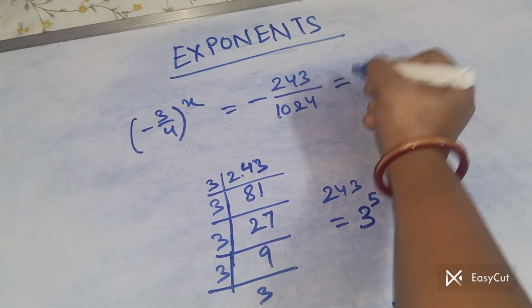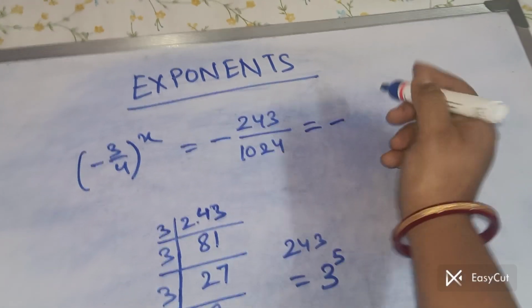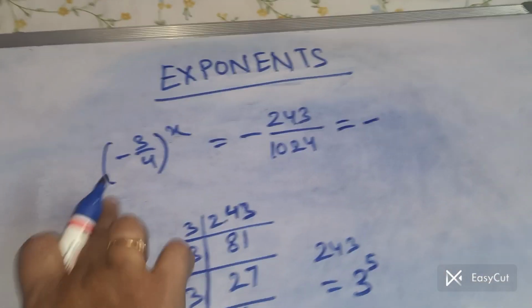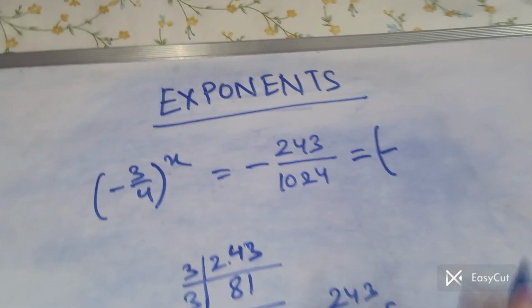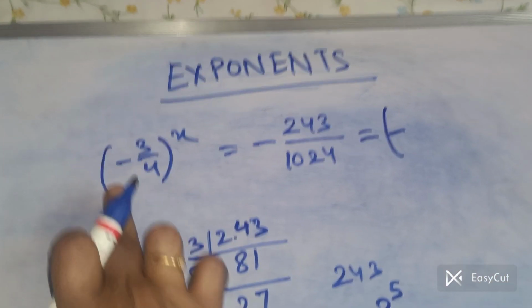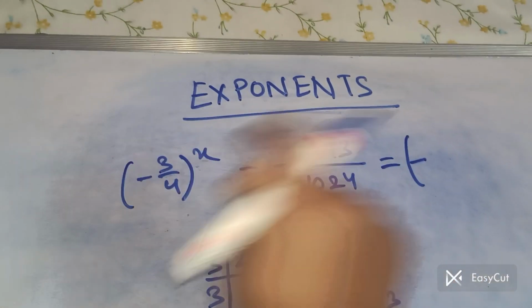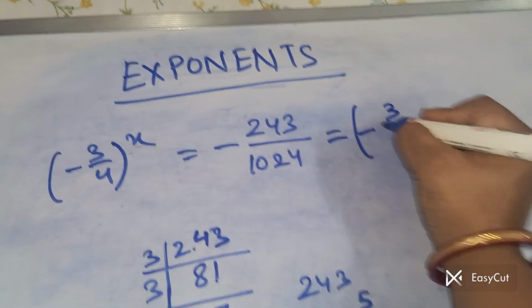So we can write it. For 243, put the negative sign inside, because here it is inside only, the negative sign. We have to make this in this form. It is also 3 by 4.